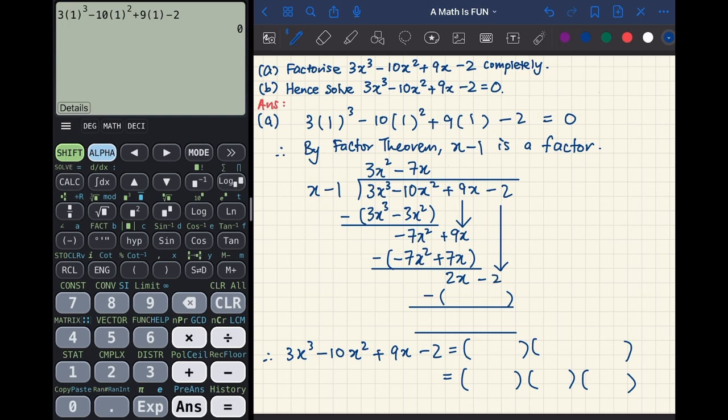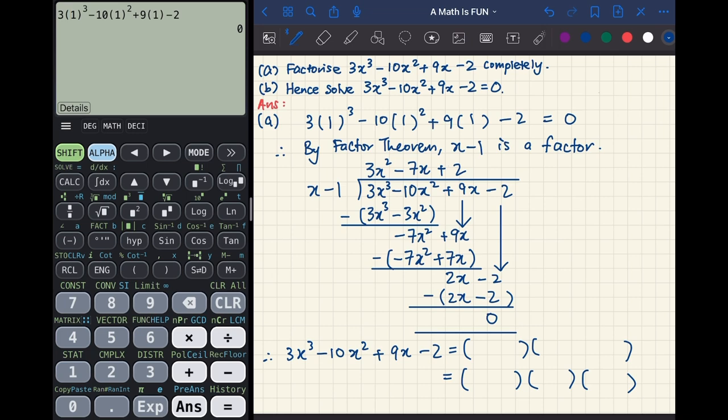Finally we put in +2 here, where positive 2 multiplied with x gives me 2x, and this positive 2 multiplied with -1 gives me -2. So -2 minus -2 gives me a remainder of 0, and that is what we desire.